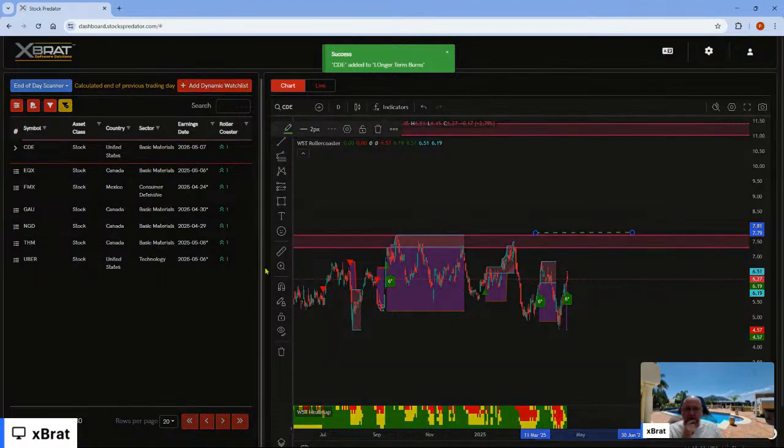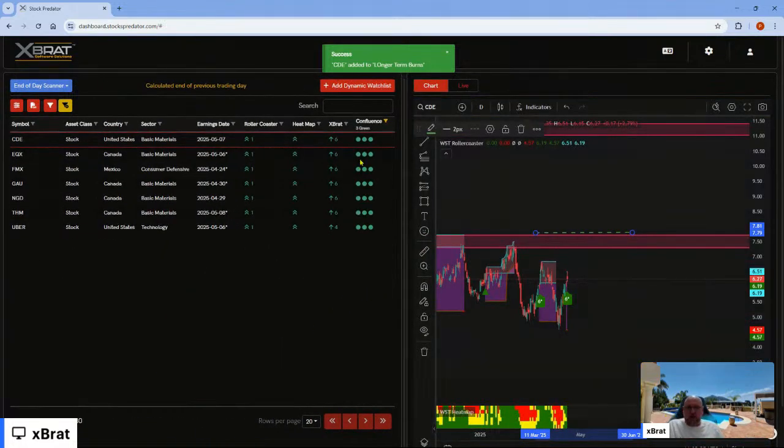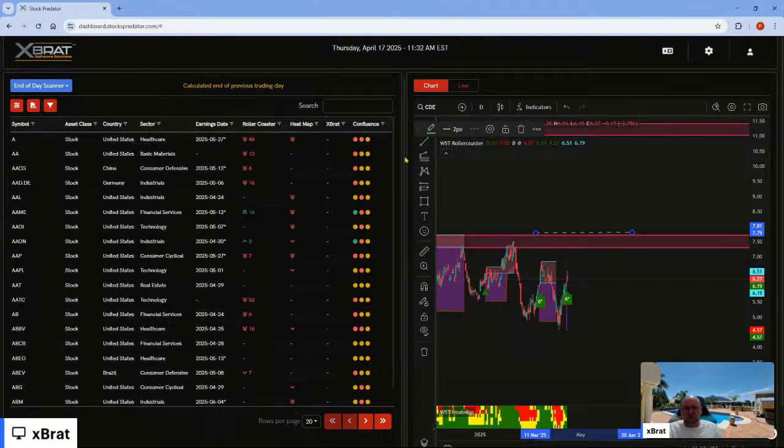Okay, so I've gone through those. If I just take that filter off, there were 4,930 stocks now listing, and some of those are London stocks, some of those are German stocks. But when I hit there for free green, that's what it is. We can build dynamic watch lists as well. So when the scan happens overnight, it basically populates those confluences.